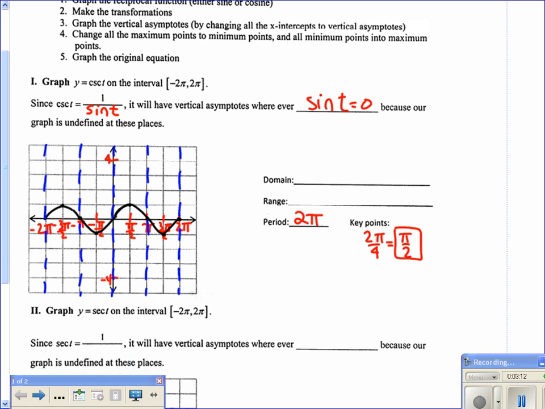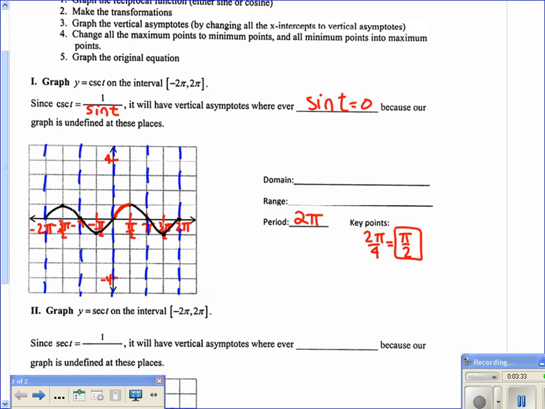Now that I have my asymptotes in my graph, the next thing I'm going to do is graph the cosecant. Remember, cosecant is 1 over the sine of t. If you look at this part of the sine graph, notice that it is getting closer and closer to 0.